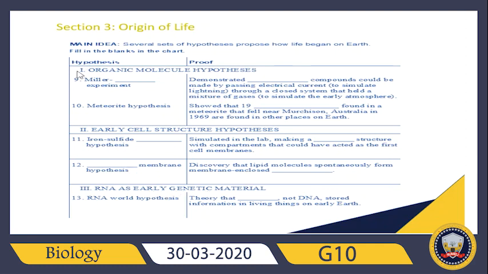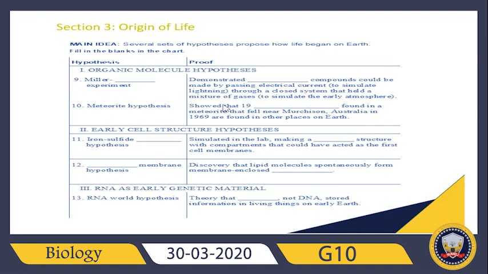So for the first hypothesis, organic molecular hypothesis, we discussed the Miller-Urey experiment. A Miller-Urey experiment demonstrated that organic compounds could be made by passing electrical current through a closed system that held a mixture of gases. Okay, what about the other hypothesis, the meteorite hypothesis?